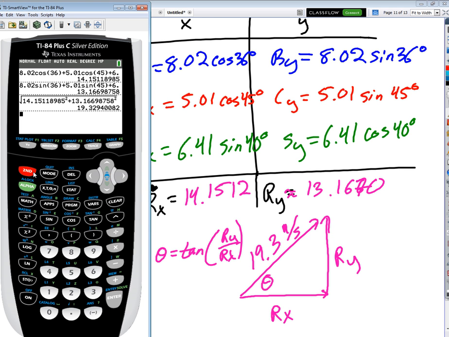We just go second tangent, arctangent of the y component divided by the x component. There it is. Okay.